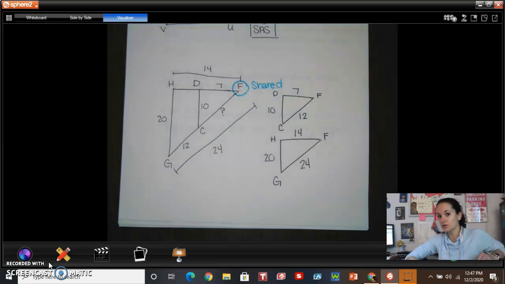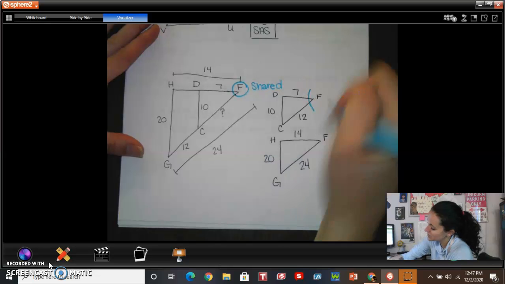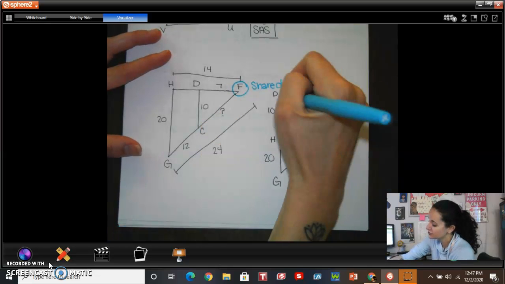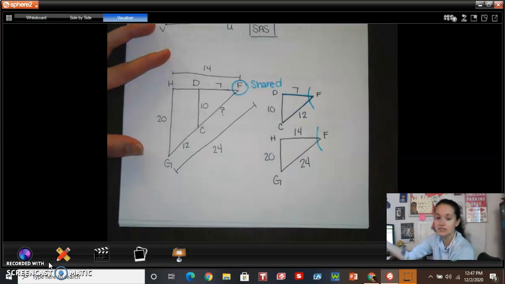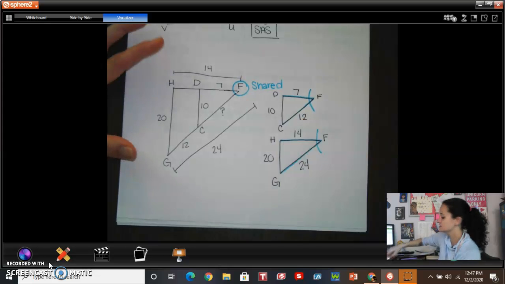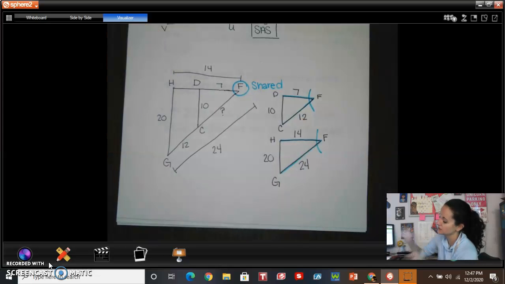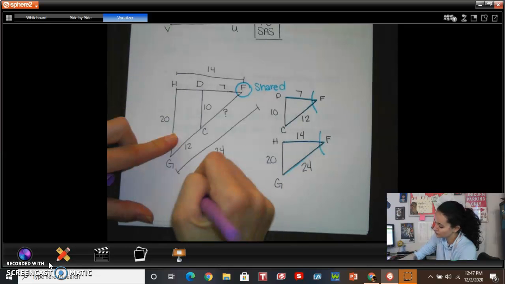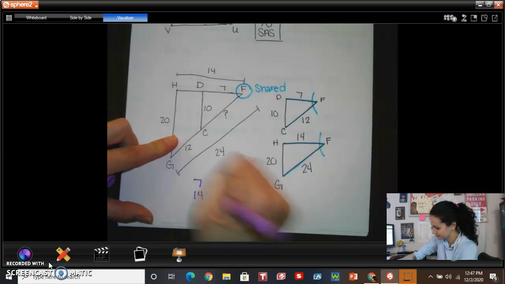Let's just go ahead and check with side, angle, side. All right, so angle F is the angle that we're working with because that's the one we decided was shared. So you're going to just check the sides that create angle F. We have 7 and 12 and 14 and 24.